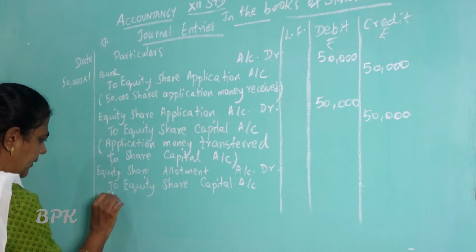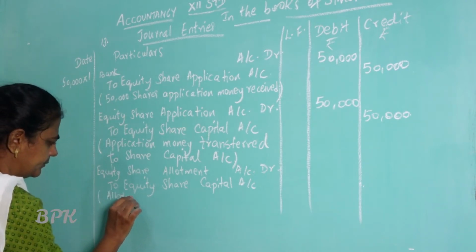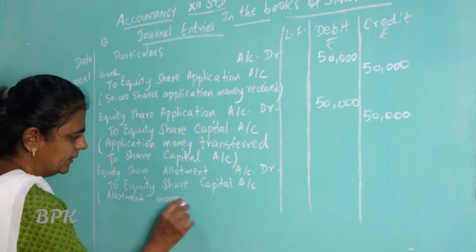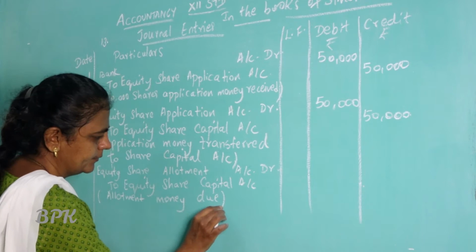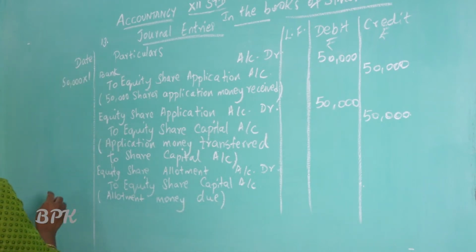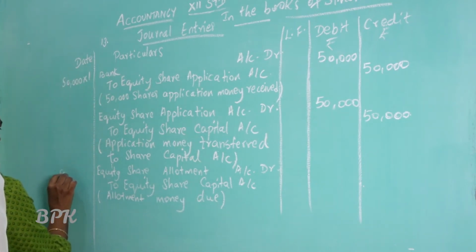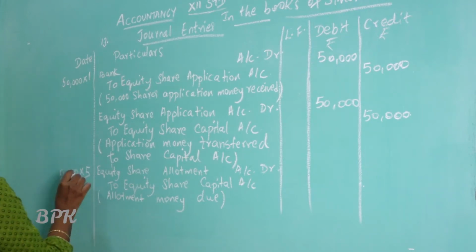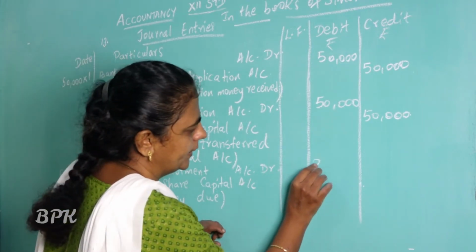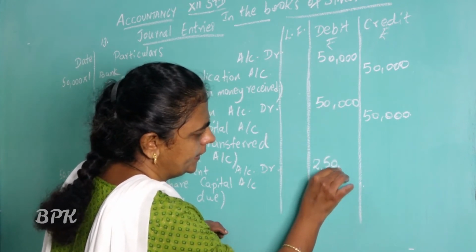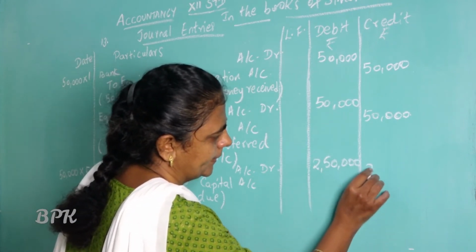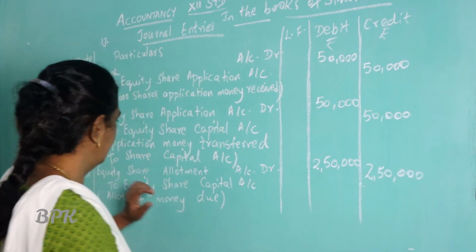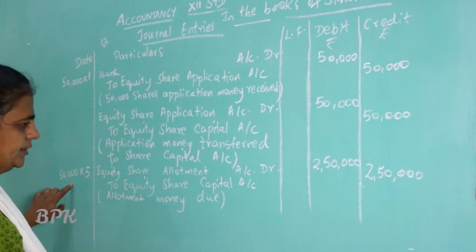Allotment money due. What is the allotment money for one share? 5 rupees. So if you multiply, you will get 2,50,000. Allotment money is due for 50,000 shares.